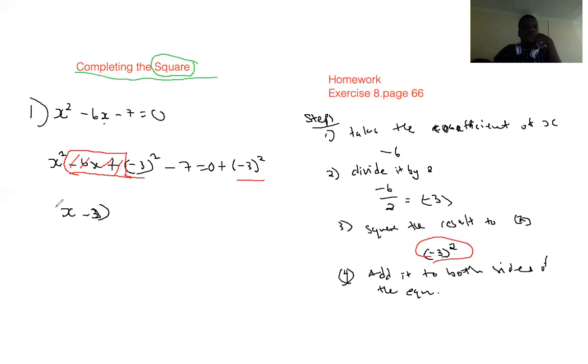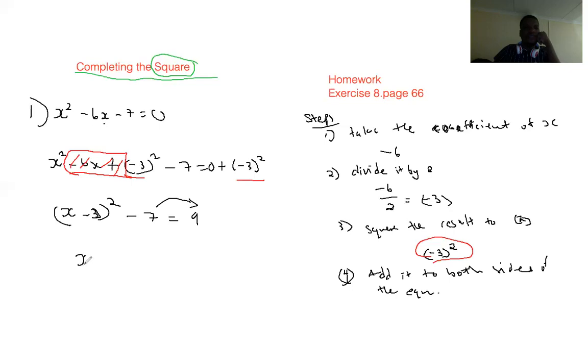And what we do, we bring them together, then we square them. So I take this x and this minus 3. That's why this sign is important. So even if you had a plus here, you would put a plus. Then here you'd have a plus. So you take it the way it is, squared. Then you have minus 7 is equal to, now here you can simplify. 0 plus that will give you a positive 9. Now you go to bring this guy to the other side.